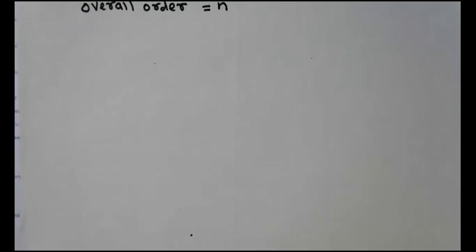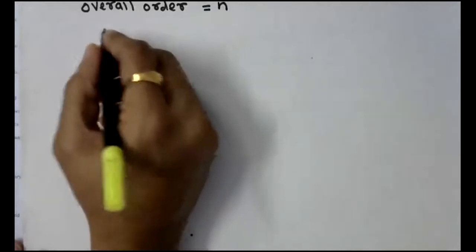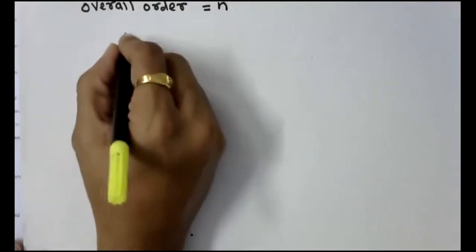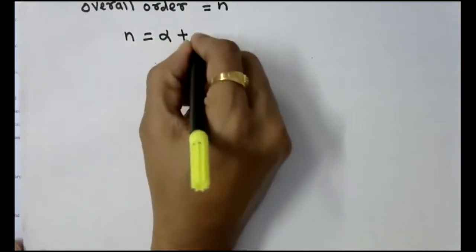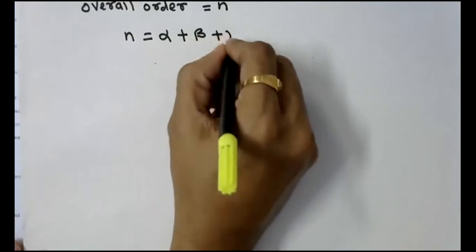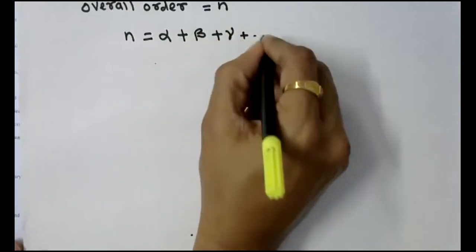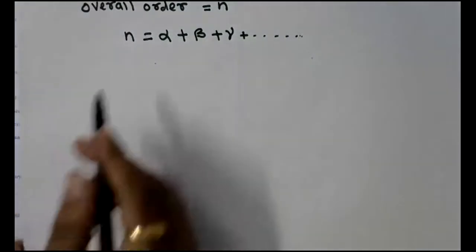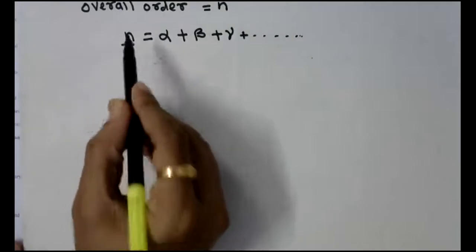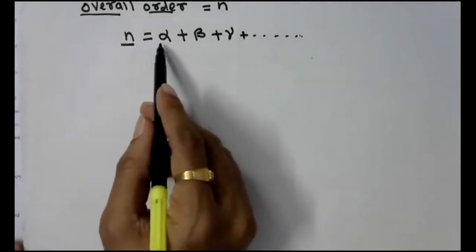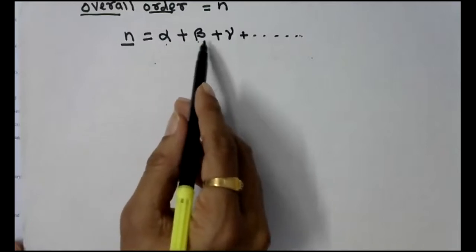Overall order n is equal to, with respect to the current discussion, alpha plus beta plus gamma, and so on. So if I have to read this equation, I will say that the overall order of reaction is equal to the sum of individual orders.